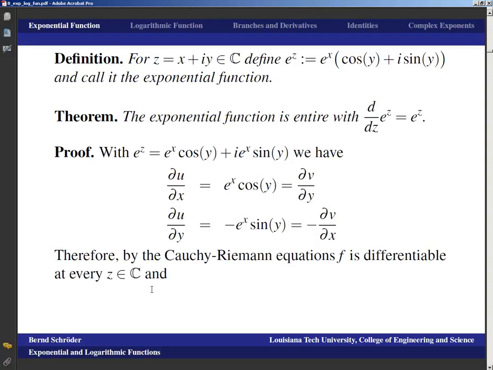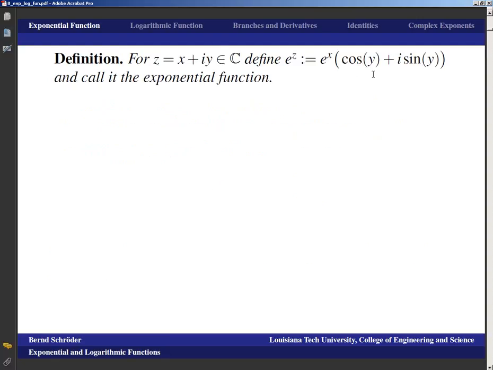For z equals x plus iy, we define e to the z to be e to the x times the quantity cosine y plus i sine y, and we call it the exponential function. That is exactly the polar form of a complex number. We now just use the x and y values as radius and angle for the polar form, and so that basically maps the rectangular representation to something that is polar, if you will.